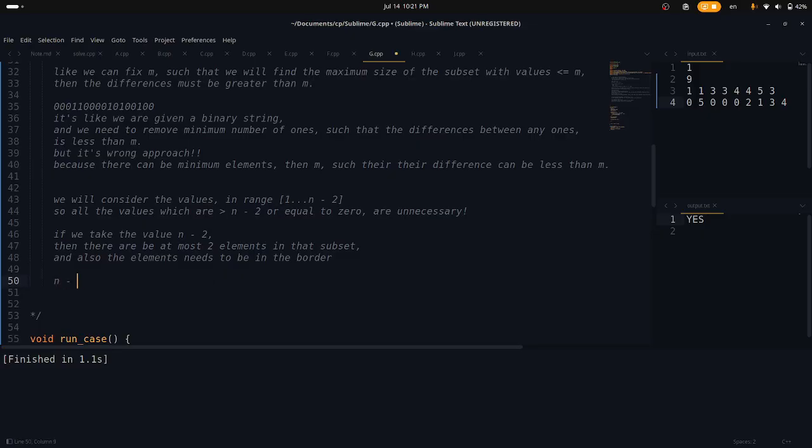Now if n minus 3, then if you consider the value in the border, then we can take another value which is probably at position 2, and it is in position n minus 3. They cannot take any other value as well.